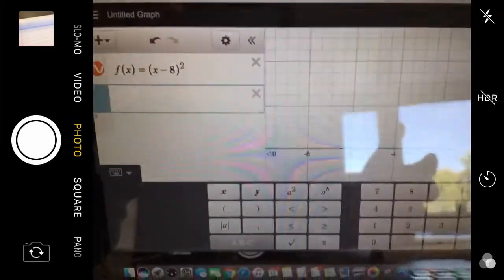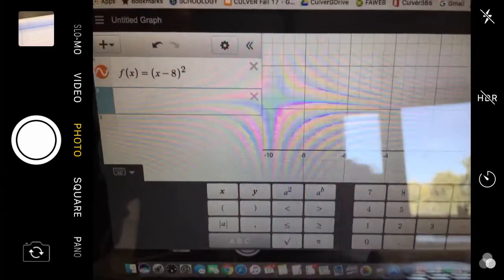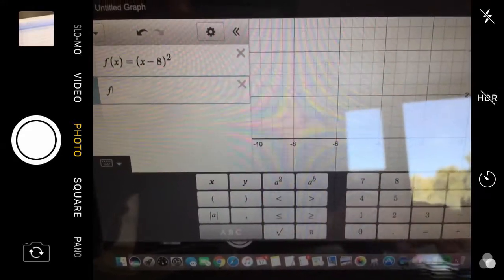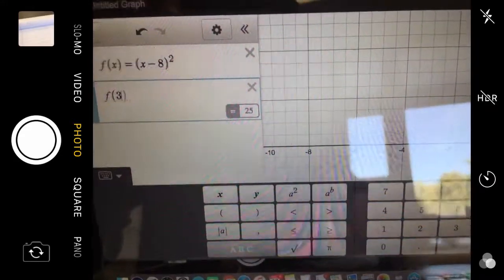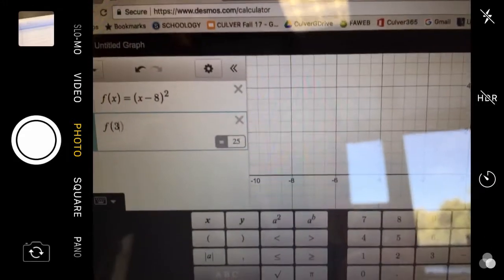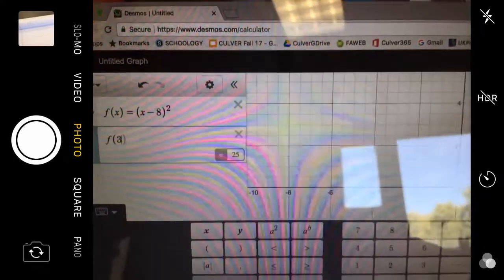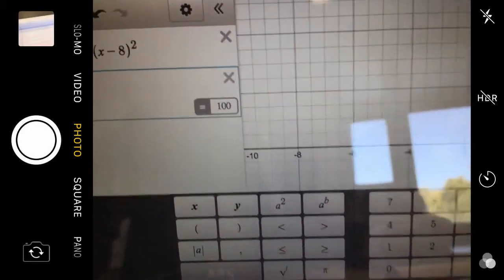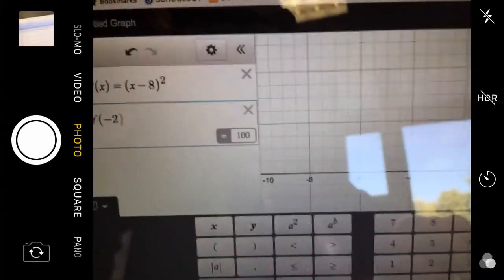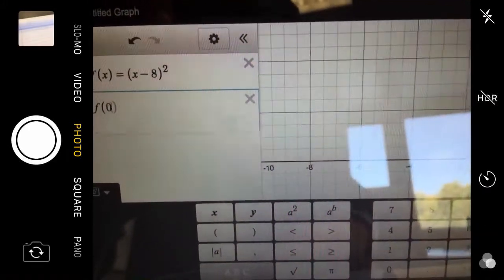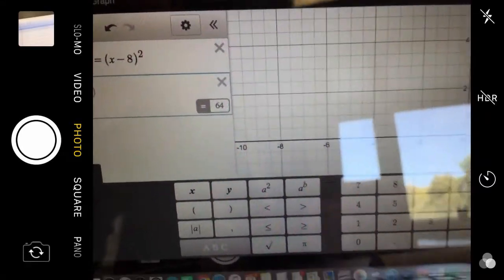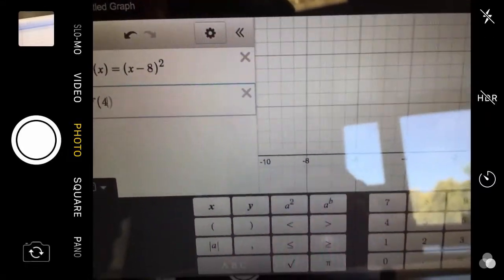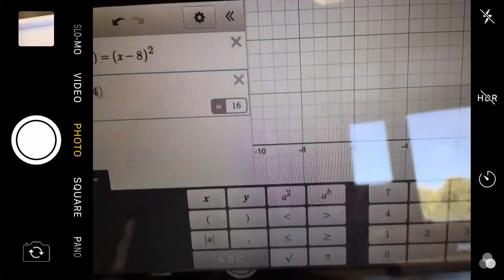Great. Now, you can actually just type in f of 3, or you can go plug a 3 in for x and see what you get. So that's 25. f of -2, 100. f of 0, 64. And f of 4, 16.